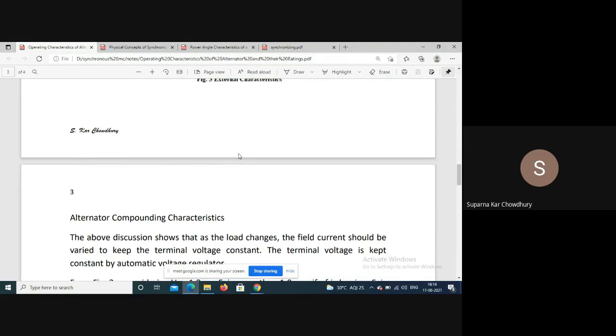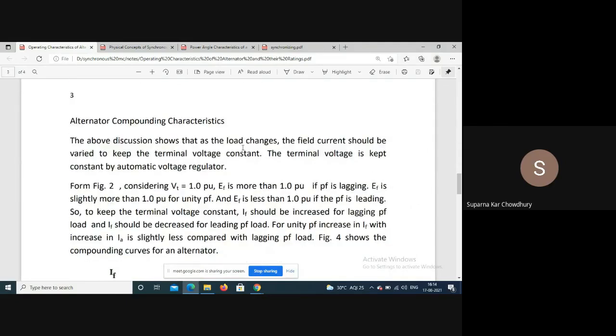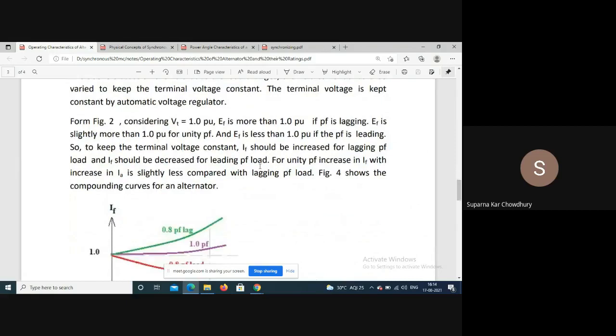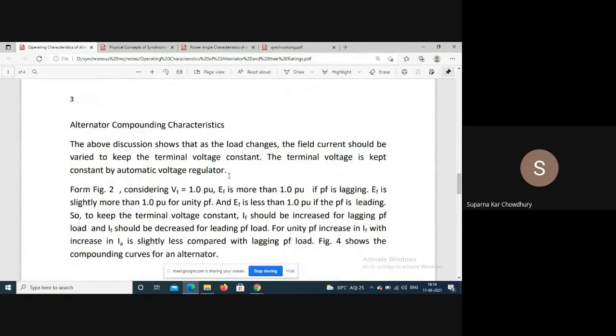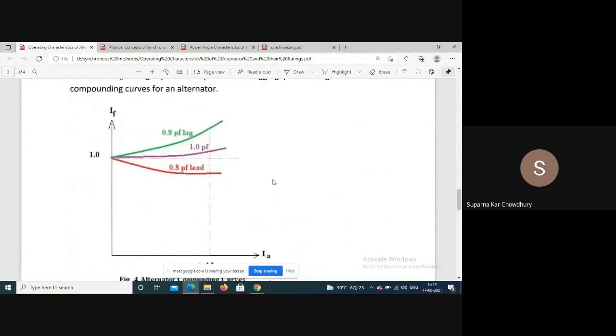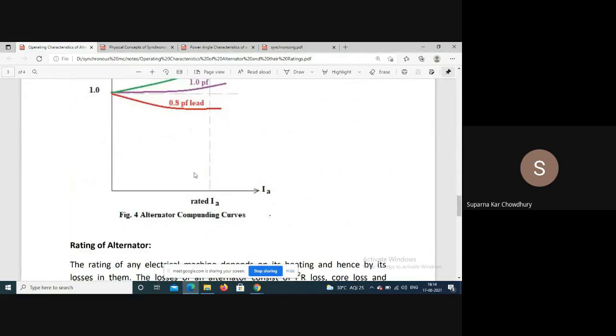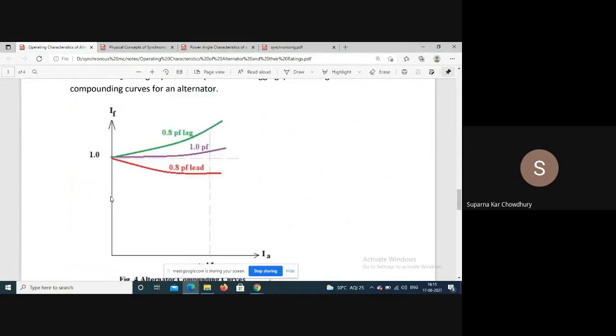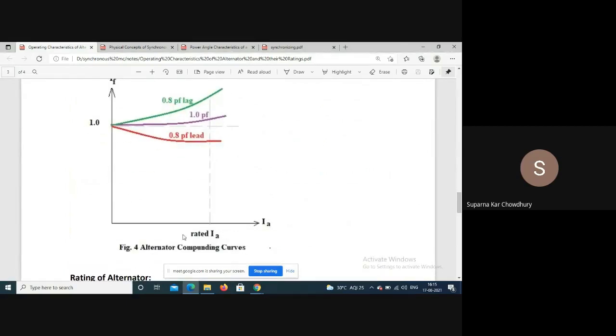Now, to determine the regulator characteristic, what is important is the compounding characteristic of the generator. This is basically the plot between the excitation current and the armature current. If we have a lagging power factor load, then the relationship is like this.